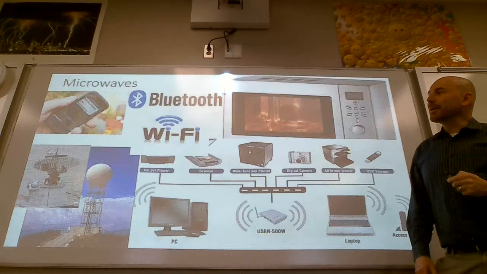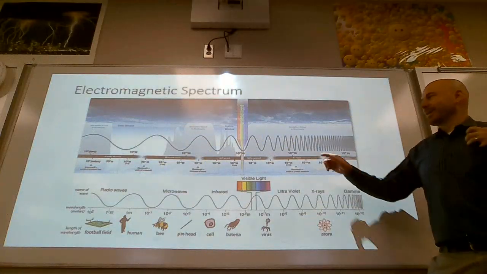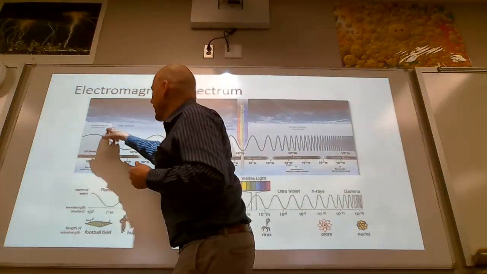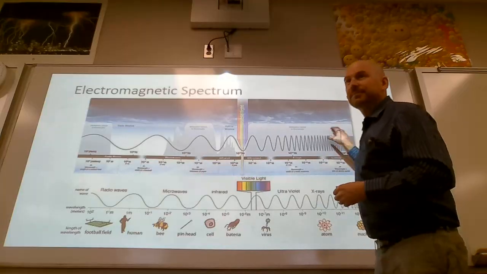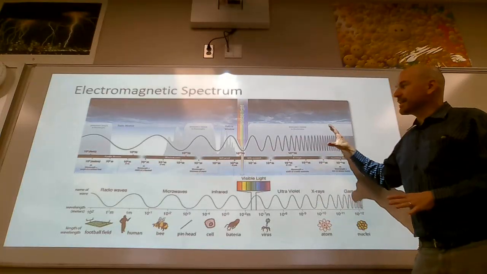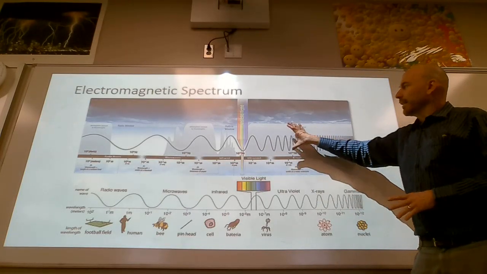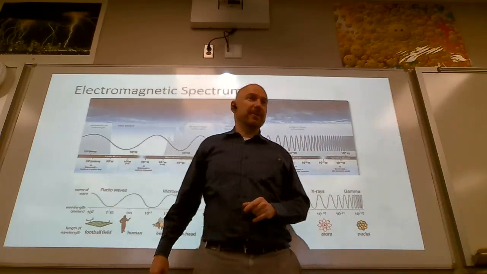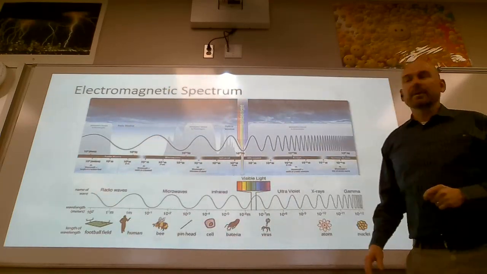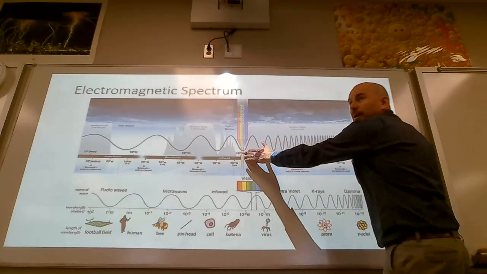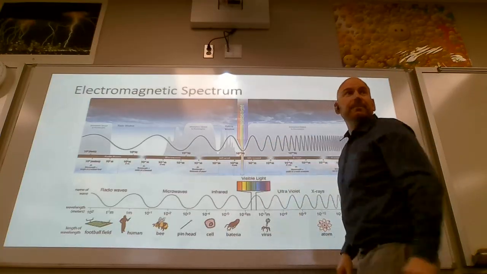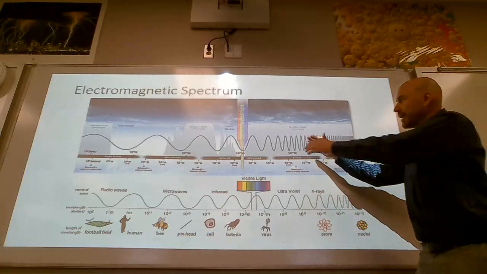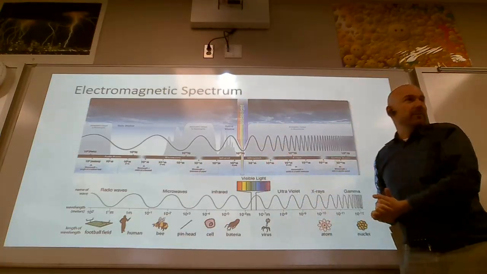Let me show you. You see this light blue squiggly stuff? This stuff gets blocked by our atmosphere. This stuff over here gives us cancer because it has more energy associated with it.